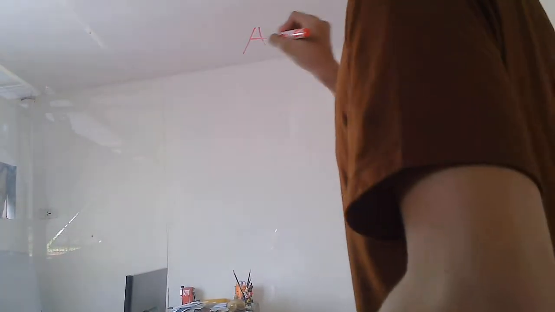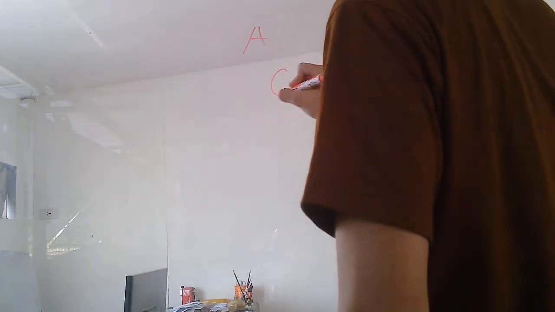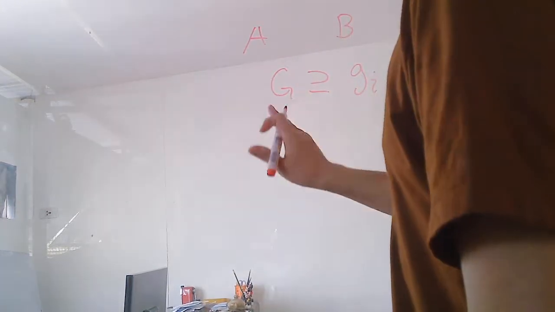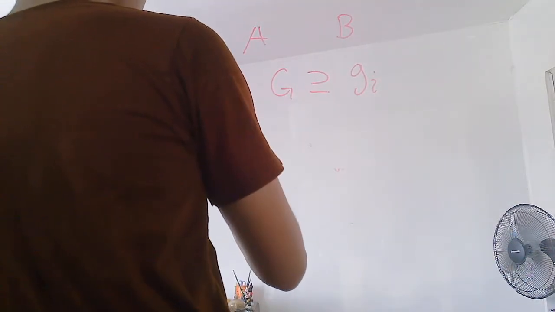So we have our A and our B, and then we have our group G, which has some element g_i. Any element you can think of inside the group G.